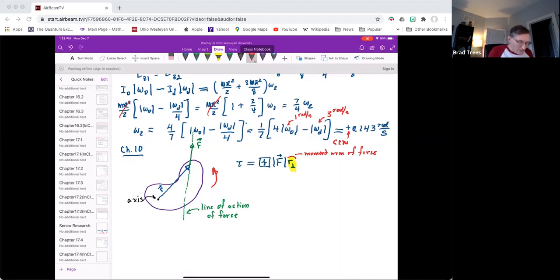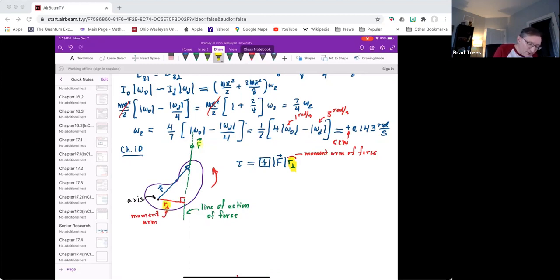At least you have to be able to sketch it. If I try to sketch that, it's going to look something like that. I'll emphasize that by drawing the little right angle symbol. It's the length of that red line that is the moment arm, R perp. That is the other key quantity.